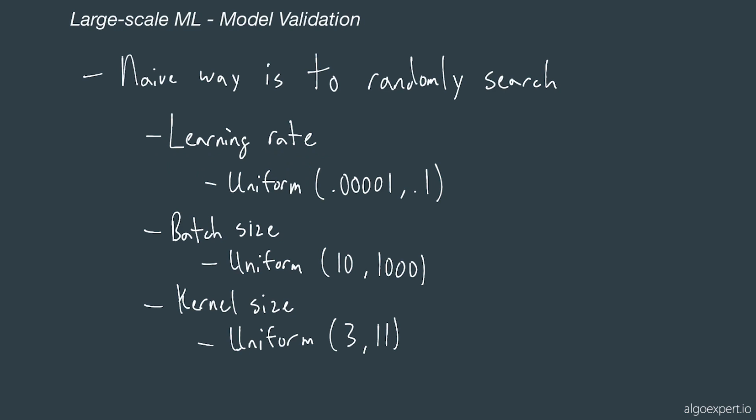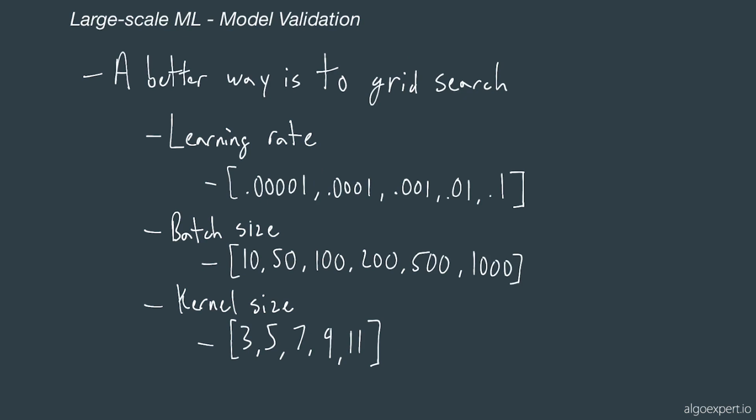The same would apply for a batch size and maybe a kernel size if we were dealing with a convolutional neural network. However, another way that we could do it is by using a grid search.